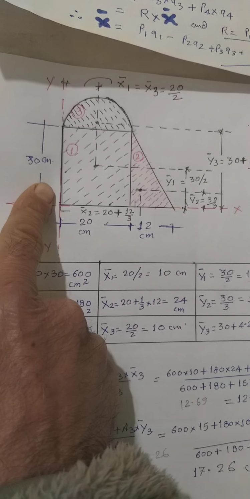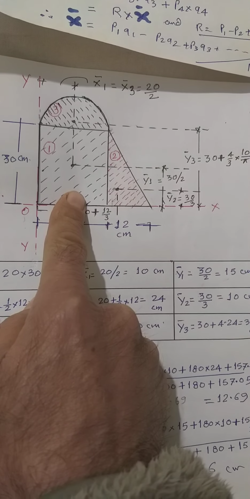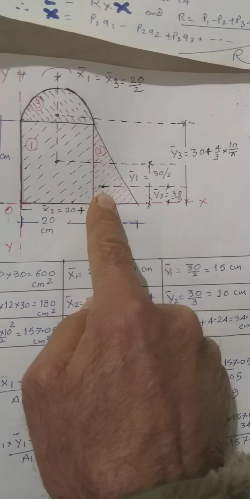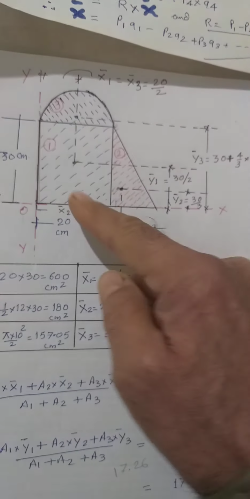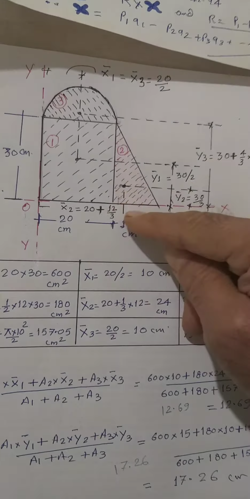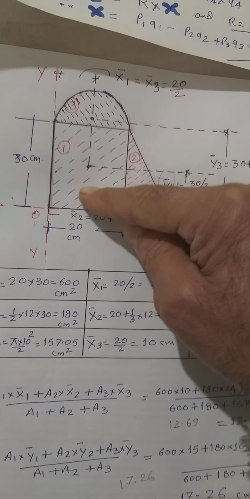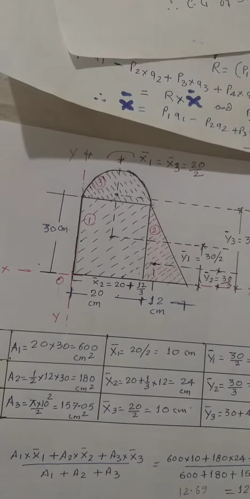Considering this reference line, we call them X bar 1, X bar 2, X bar 3, Y bar 1, Y bar 2, and Y bar 3.